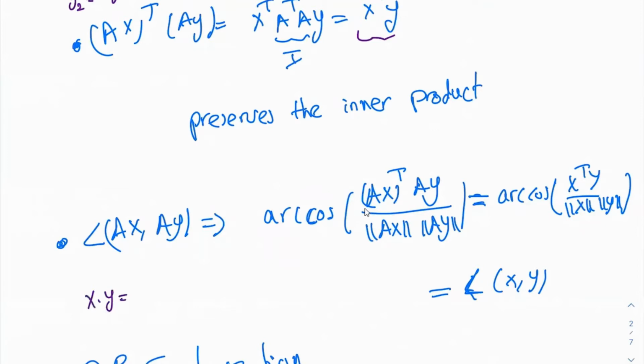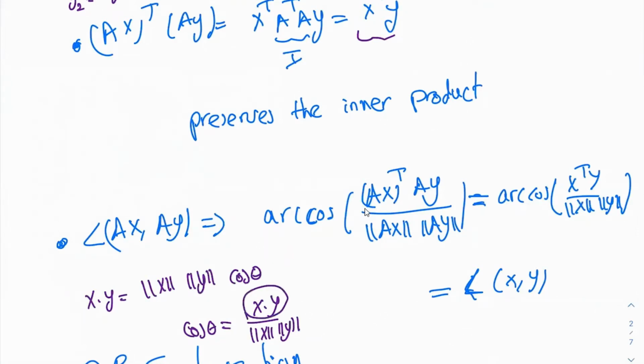X dot y is equal to norm of x, norm of y times cosine of theta, which from here, cosine of theta is equal to x dot y over norm of x, norm of y. Now, from here, without taking any arc cosine, you will see that under the orthonormal transformation, the inner product remains the same. So this part remains the same, and the norm of each vector also remains the same. Therefore, the angle between them also remains the same.